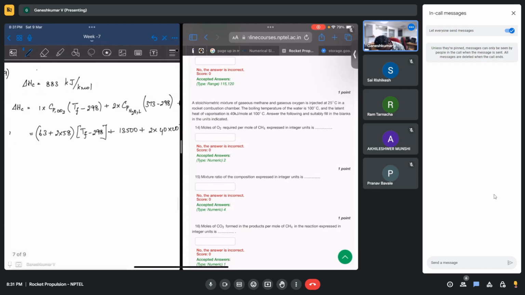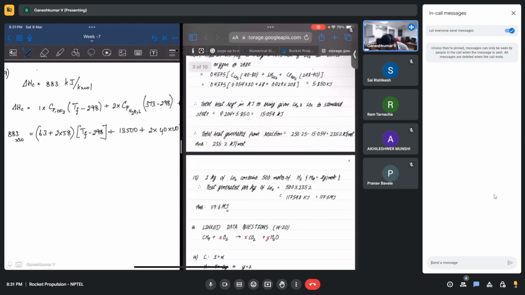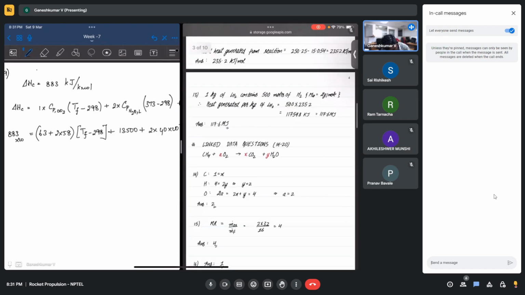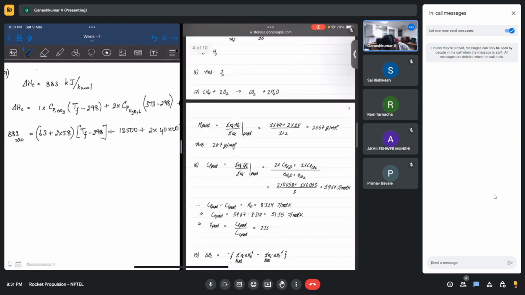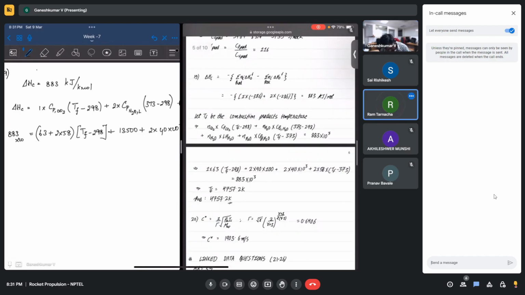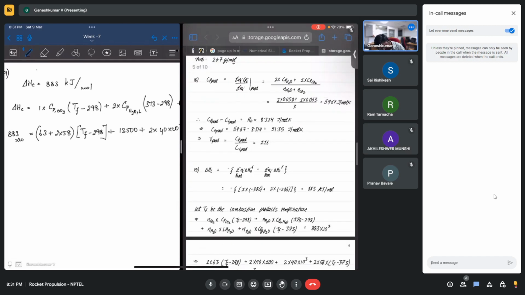This is 883 into 10 power 3. What have they given? Is it kilojoules per kilomole or kilojoules per mole? So I wrote it wrong. Kilojoules per mole.